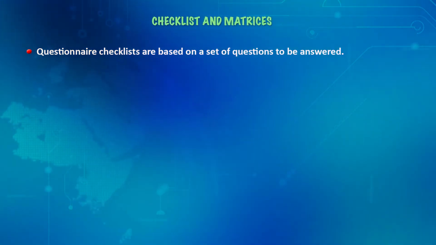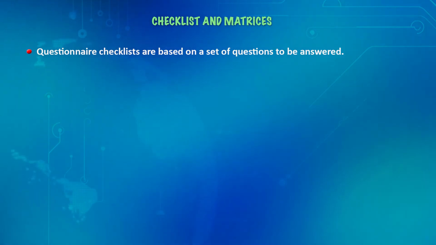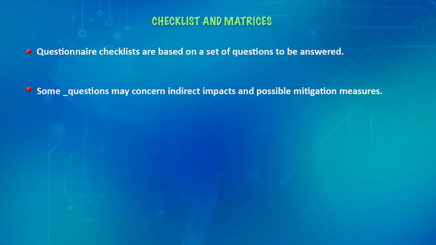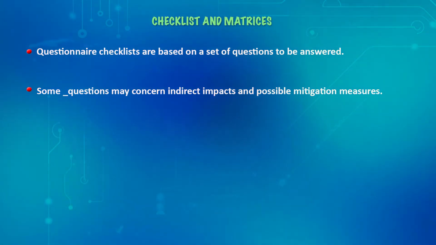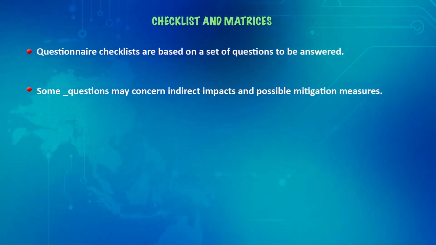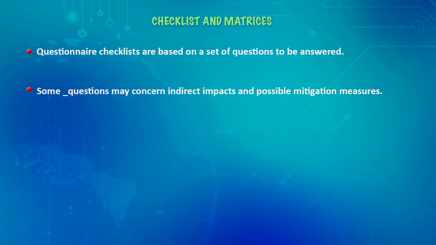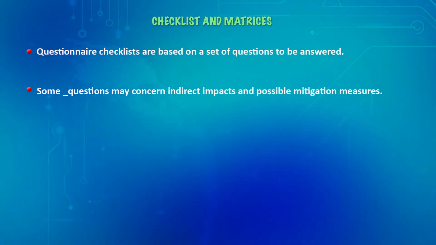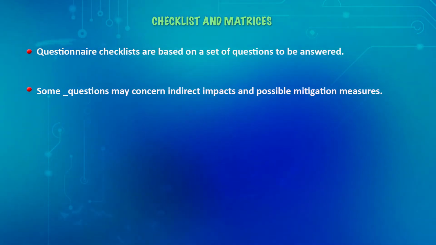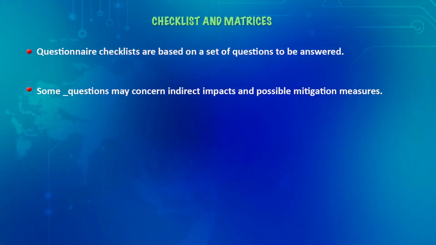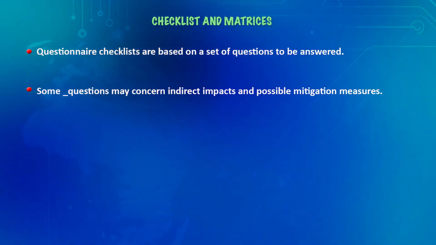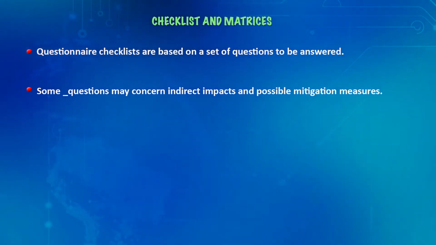The questions concern indirect impacts and possibly the mitigation measures also, because as part of the questionnaire method, the questions can include mitigation options, adaptation, and alternatives. All of that will be deciphered through this questionnaire checklist method.